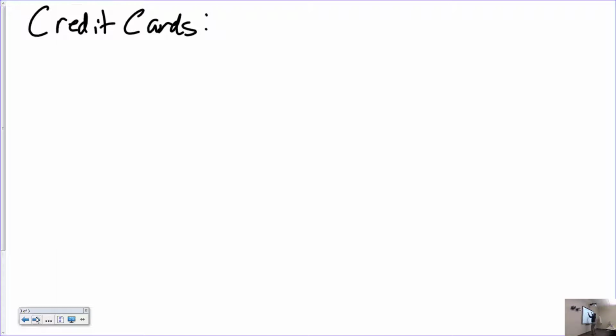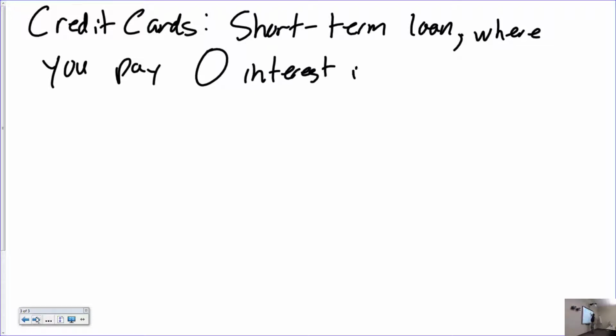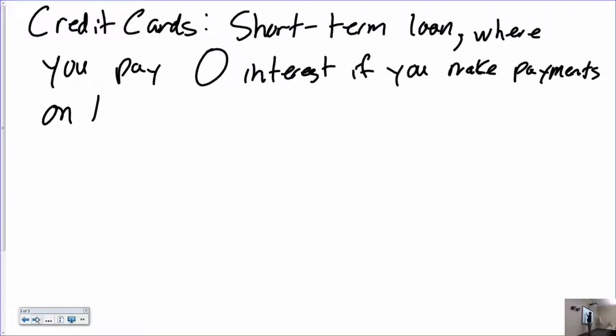Alright, what? The cool thing about credit cards, folks, it's a short-term loan, usually less than 30 days, alright? And the thing about it is where you pay 0 interest if you make payments on time and in full.